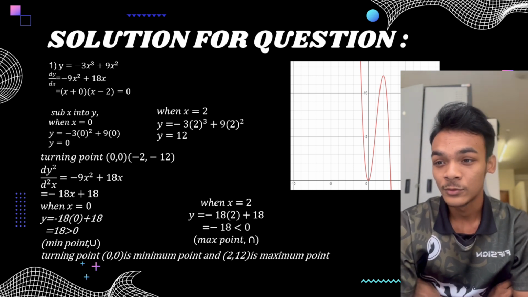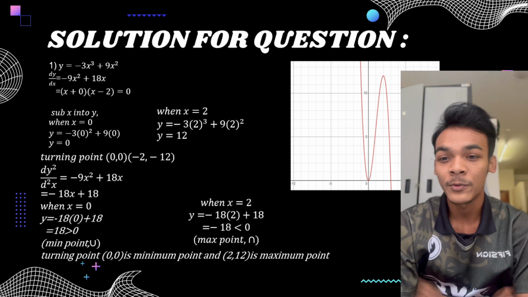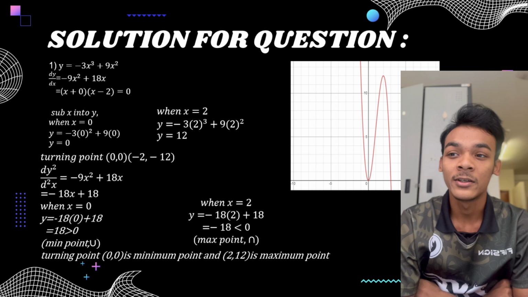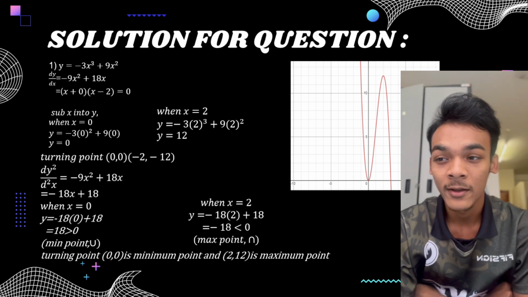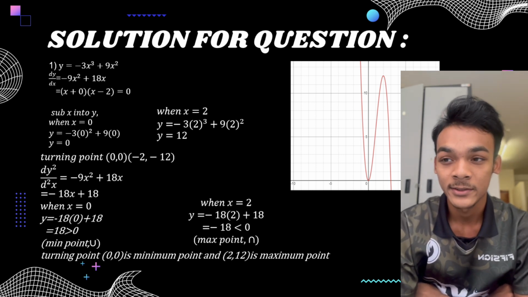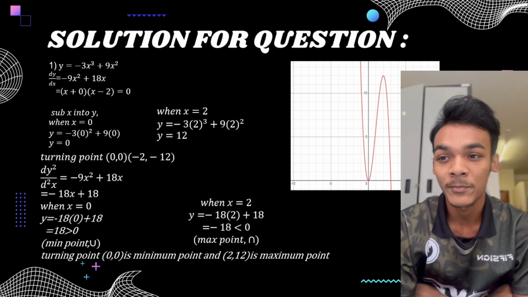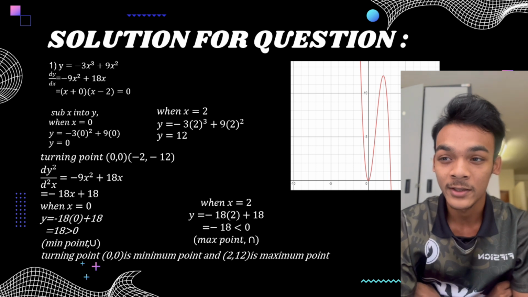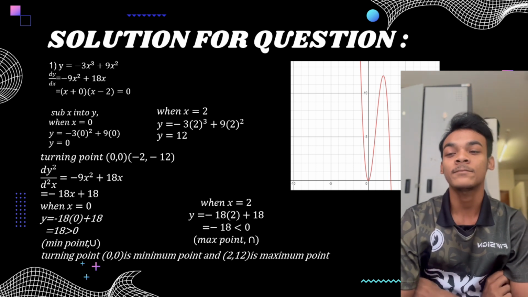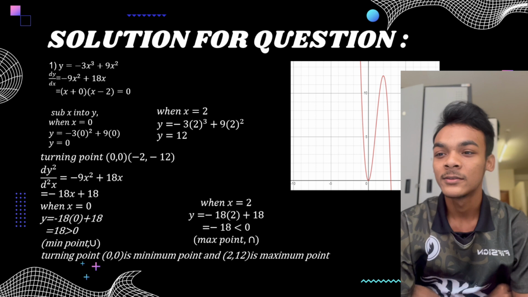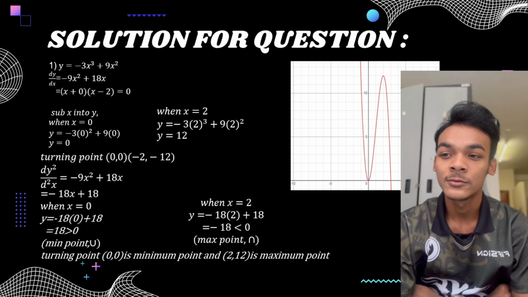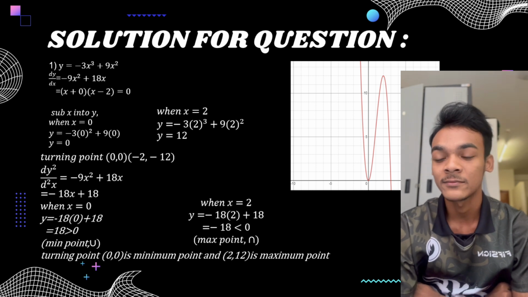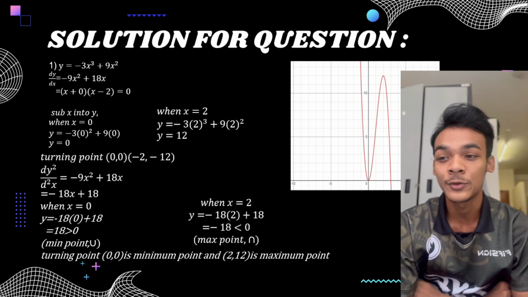To determine the minimum and maximum points, we differentiate again using d²y/dx², and we get -18x + 18. When x is 0, we substitute x into the second derivative and we get 18.